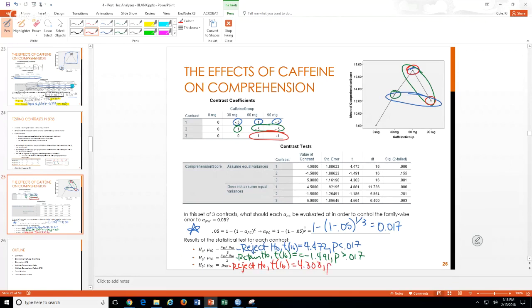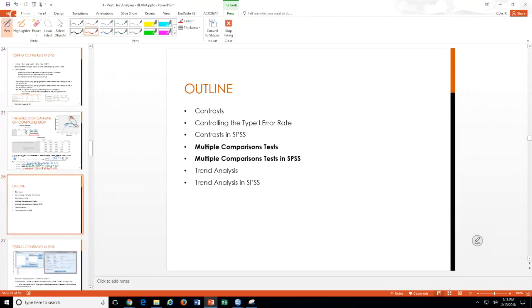Very good. And p is less than 0.017. Very good. So the contrast feature in SPSS allows you to evaluate those planned contrasts where you're usually looking at a subgroup of contrasts or non-pairwise comparisons.